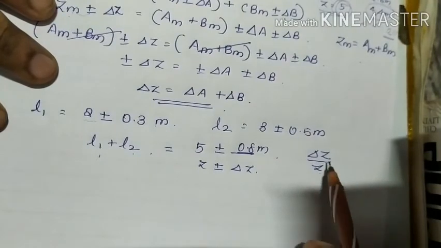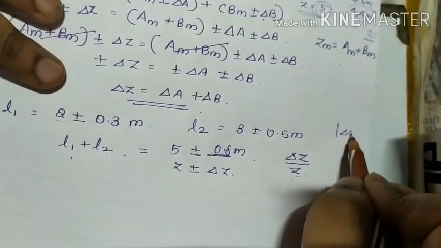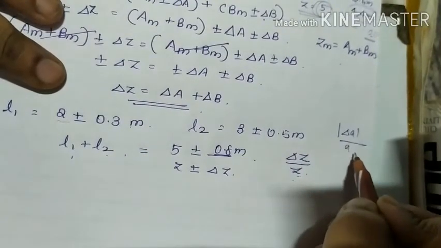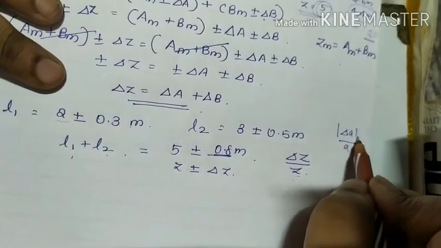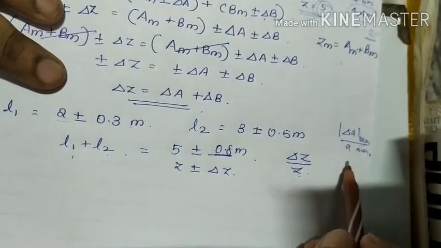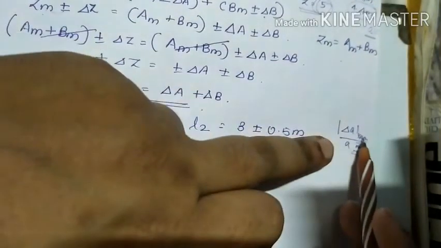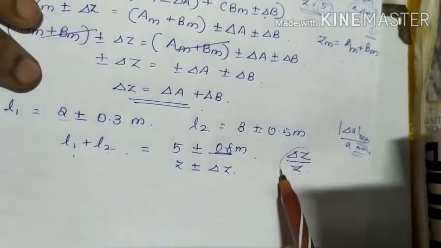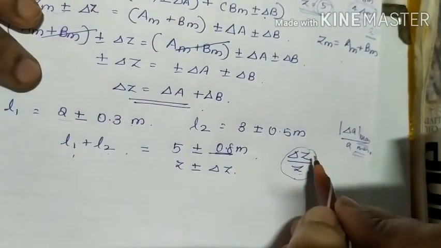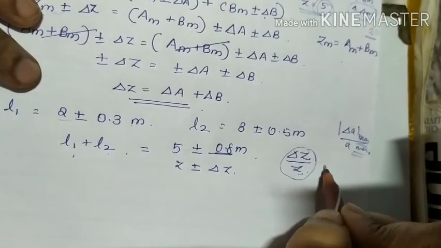I hope you remember it was delta A by A, or you wrote it with the mean. I can neglect this mean. So delta Z by Z, the error divided by the measured value, is known as relative error.